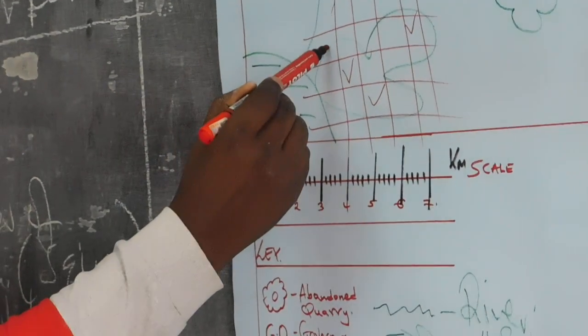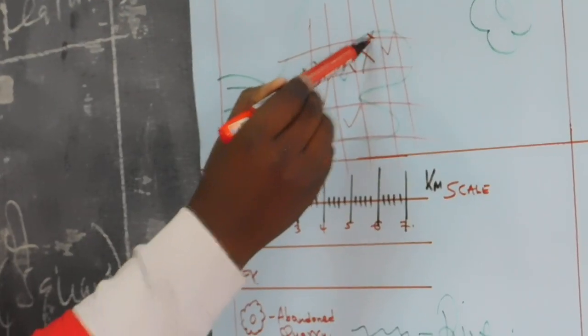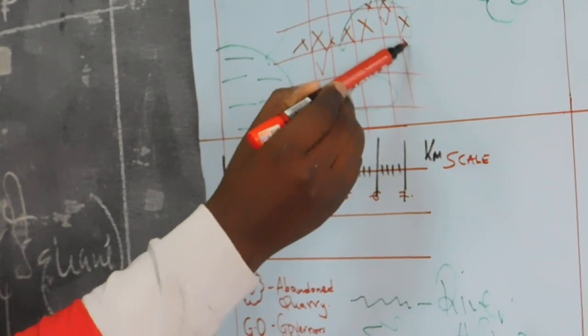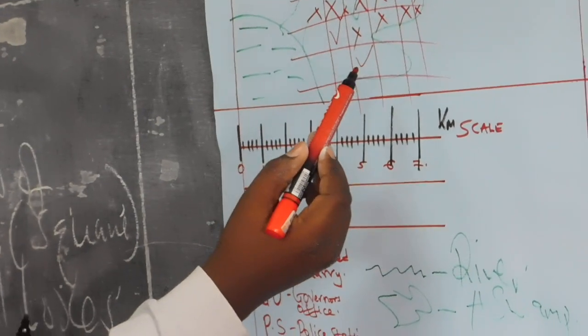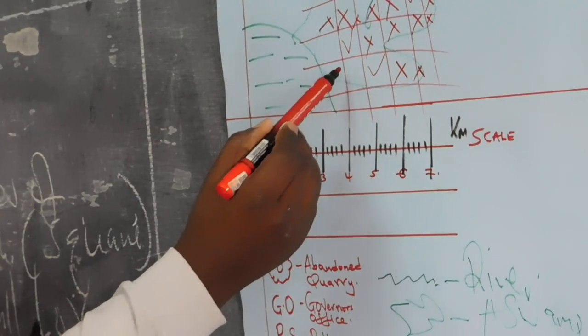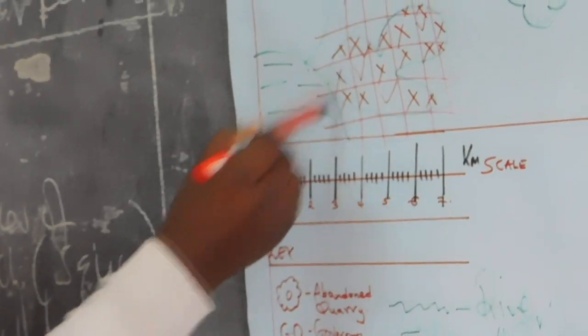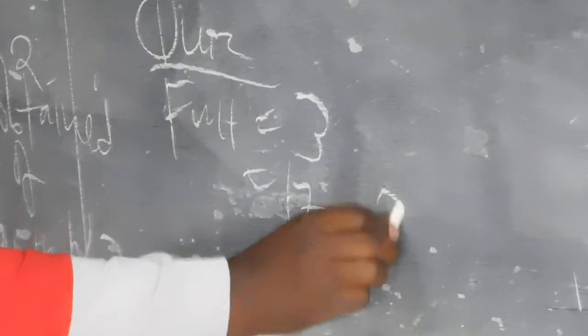Let us count. 1, 2, 3, 4, 5, 6, 7, 8, 9, 10, 11, 12, 13, 14, 15, 16, 17. Now, those halves and 3/4 and quarters, they are 17. So we say 17 divided by 2. You get 8.5.